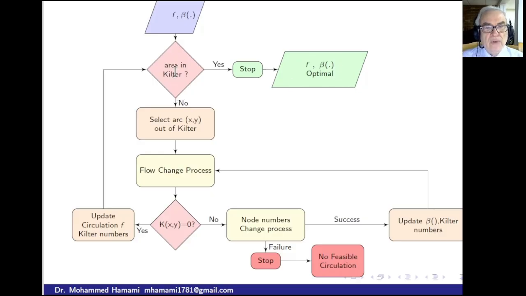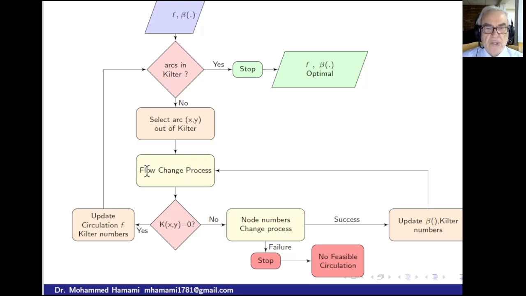And if there are arcs not in Kilter, then we go here and we select any arc, x, y, that is out of Kilter. And what we do first is we go to this flow change process in the network. The purpose of this is to decrease the Kilter number of this arc with the rules that we already established. And we're going to see later how we do that.